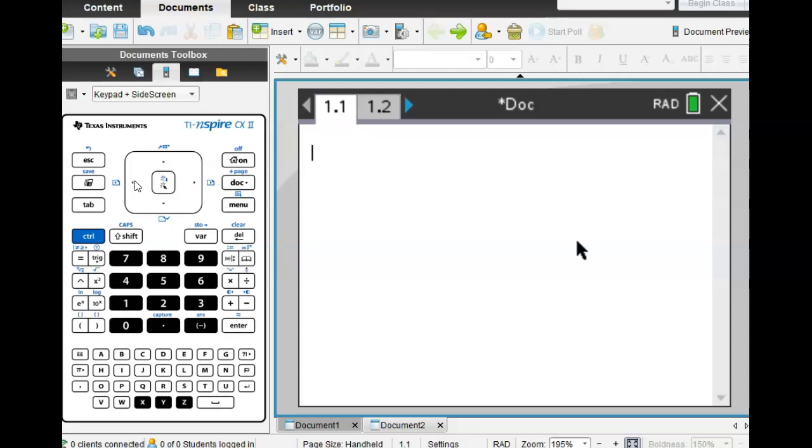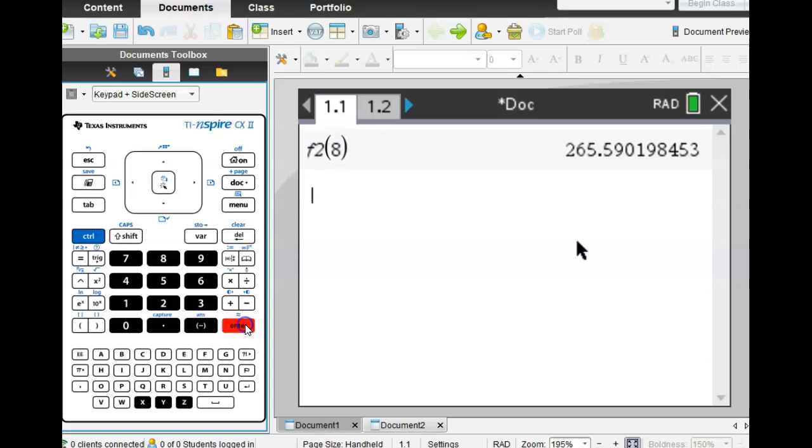In the graph, in which graph? f2, right? So all I need to do is evaluate f2. f2 of what? 8. So notice I'm not actually taking a derivative here. I already took the derivative. I have the derivative as a function, right? And I'm evaluating f2 at 8, and it gives me this number.